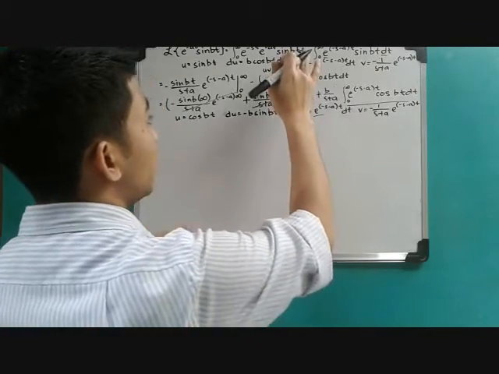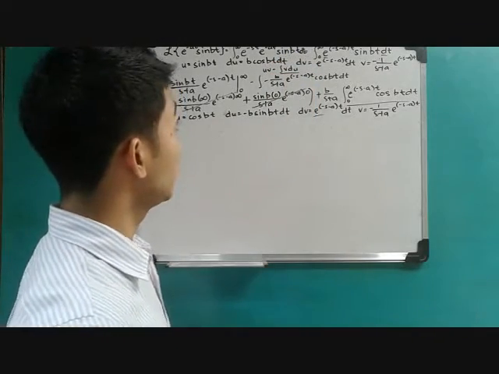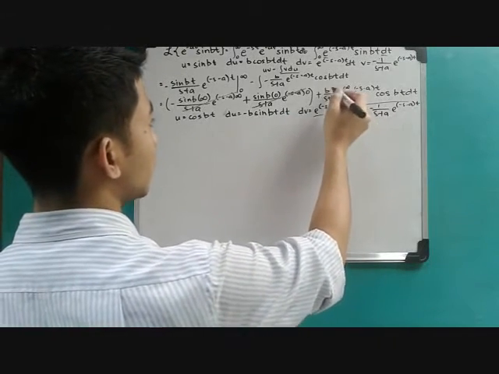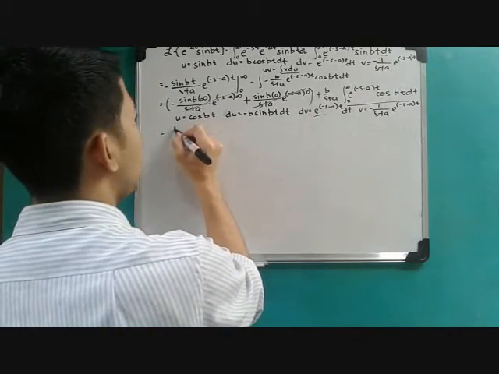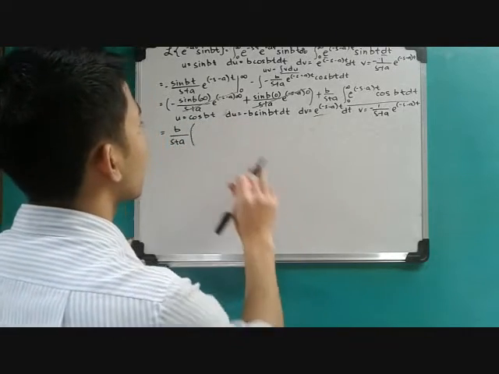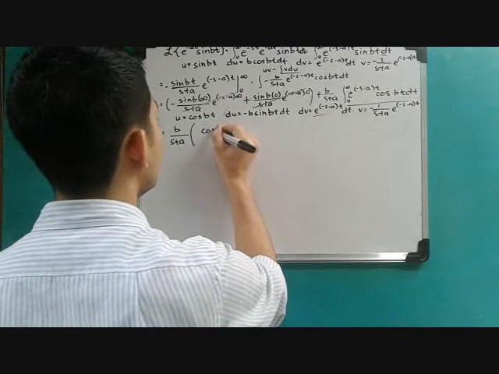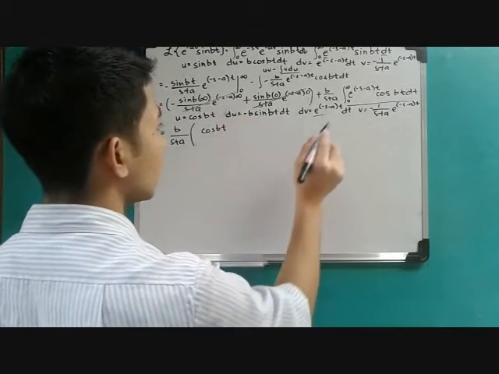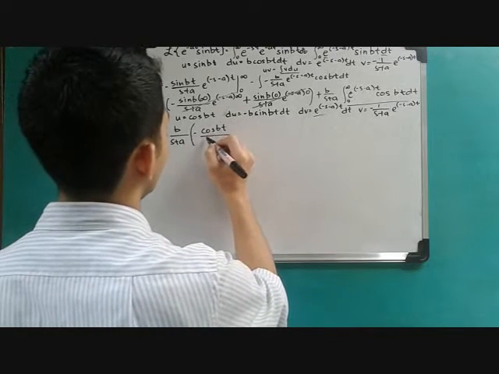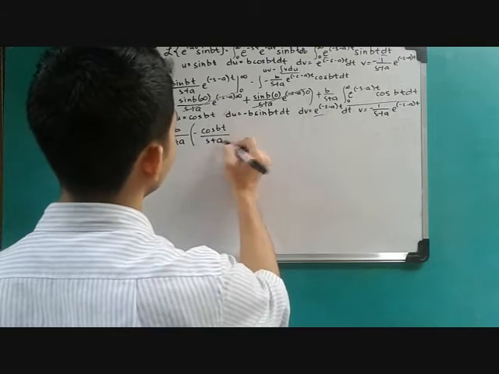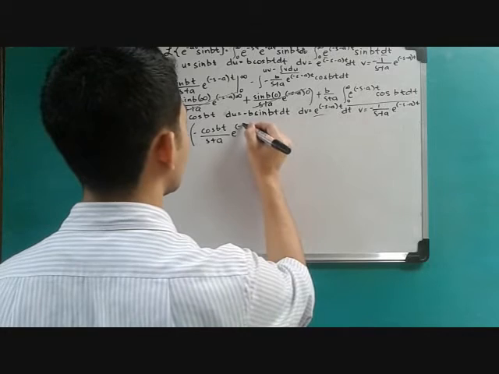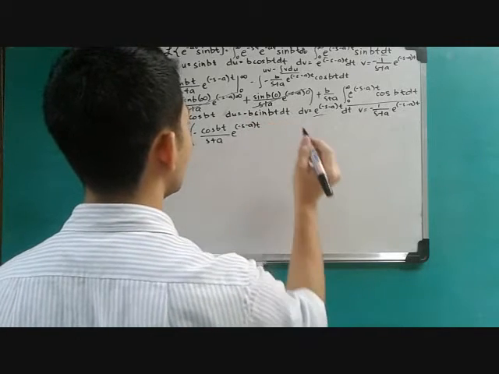So substituting this to the formula uv minus the integration of v du, this will become, don't forget the b over s plus a here, quantity u cosine bt over negative s plus a times e raised to the quantity negative s minus a times t.